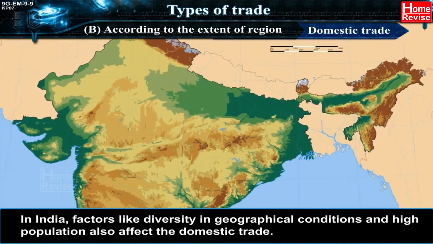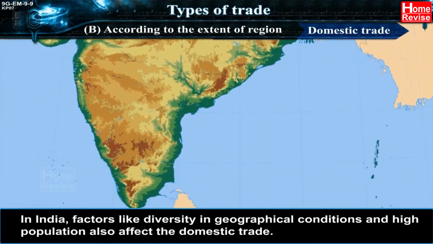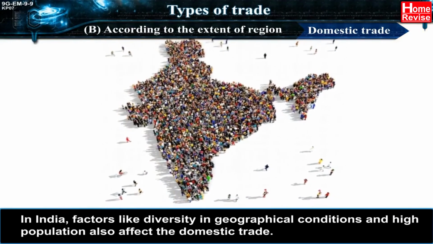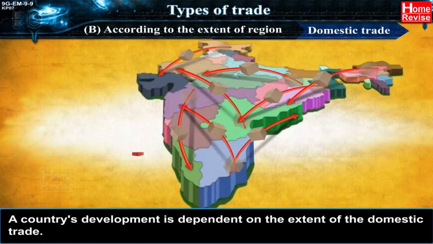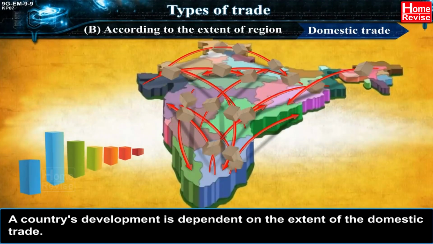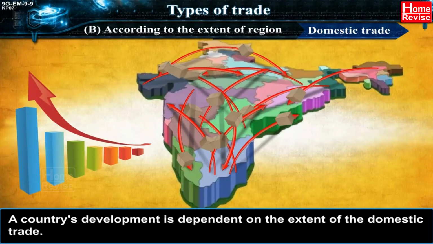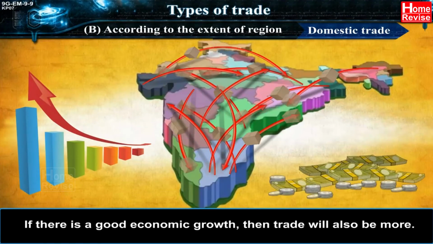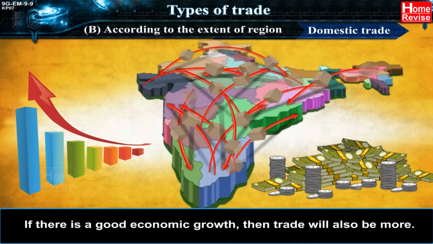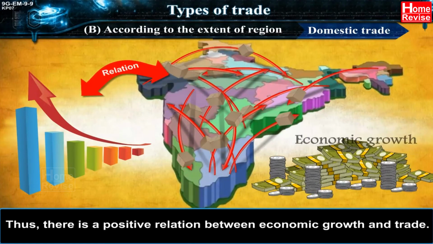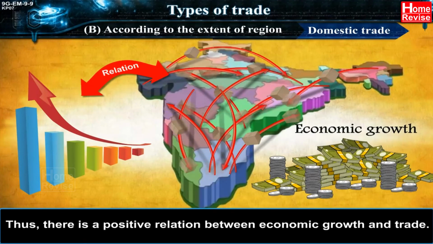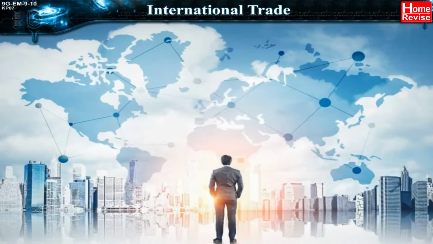In India, factors like diversity in geographical conditions and high population also affect the domestic trade. A country's development is dependent on the extent of the domestic trade. If there is good economic growth, then trade will also be more. Thus, there is a positive relation between economic growth and trade.